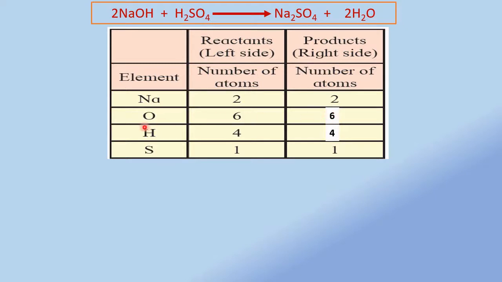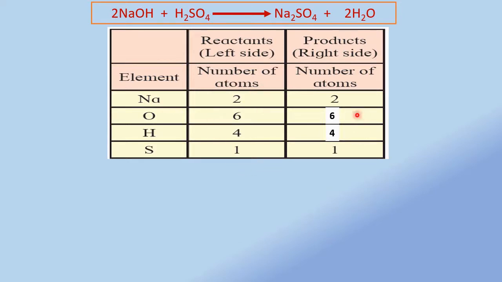For hydrogen, there are 2 plus 2, that is 4 on the reactant side, and 2 into 2, that is 4 on the product side. Sulfur is only 1 on the reactant side and only 1 on the product side. So, the number of atoms of all the elements is equal on both sides. It means that the equation is balanced now.